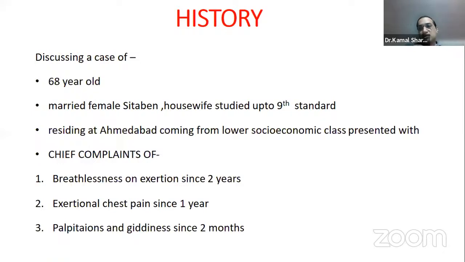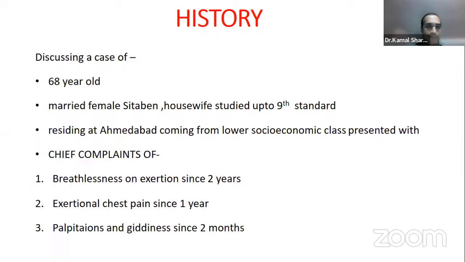Very importantly, you should understand that it should be in a formatted paragraph, linguistic form, rather than a presentation like name this, age this, because as much as case presentation is a science, it is an art. And the art of presenting and appearing different from the rest will set you apart as to how you score more for presenting the same case to the same set of examiners in a different linguistic format.